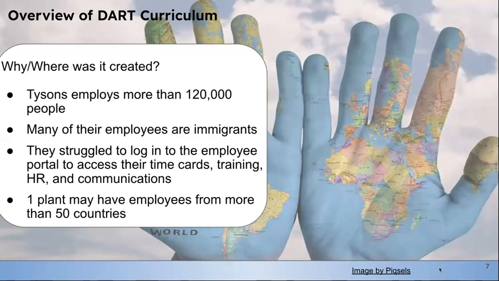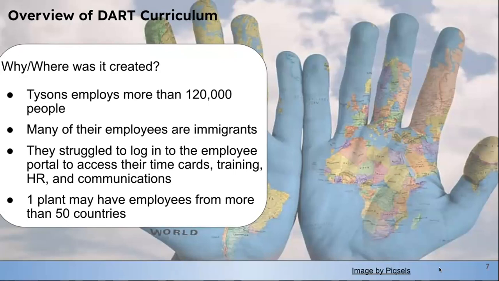So we're going to give you a brief overview here of some of the things that Tyson's was looking for, and then also how that transitioned into being an open educational resource. In their factories nationwide, they have more than 120,000 employees, and thousands of these employees speak another language as their first language.